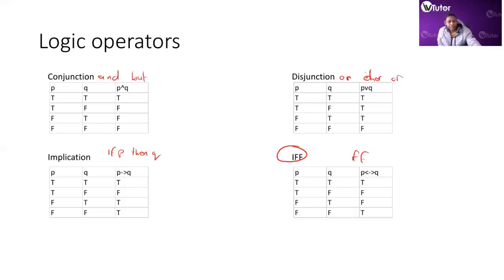Now, let's look at how these operators behave. A conjunction takes 2 inputs, or all these 4 operators take 2 inputs. We can say they are binary operators.